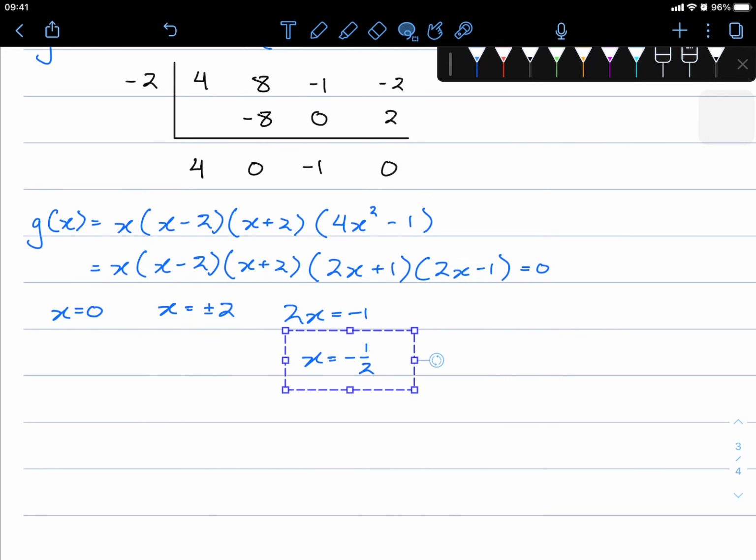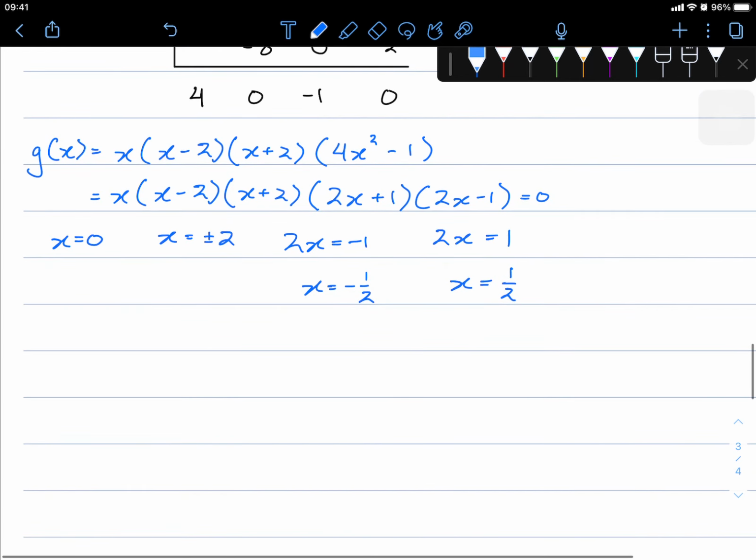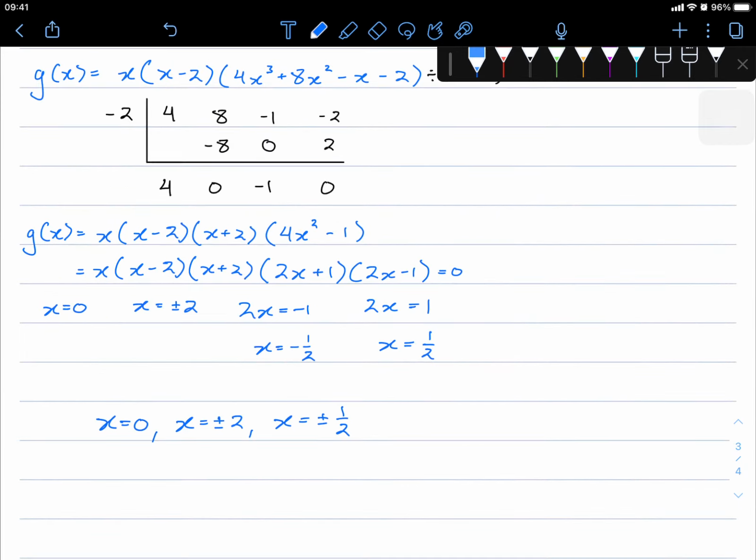You know what, I won't skip too much here. This next one is going to be 2x equals positive 1, x equals positive half. All in all are 5 solutions here. Here's 1, here's 2 and 3, and here's 4 and 5. And there are our 5 solutions.